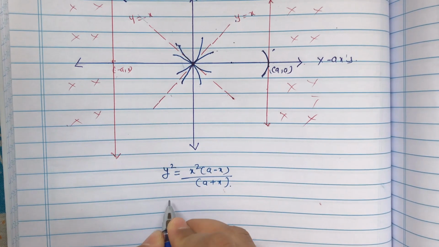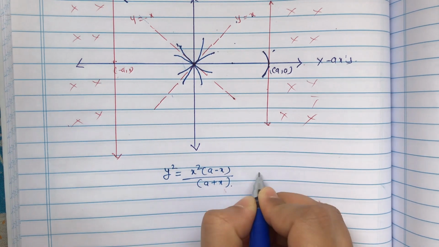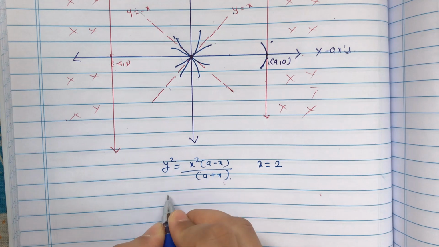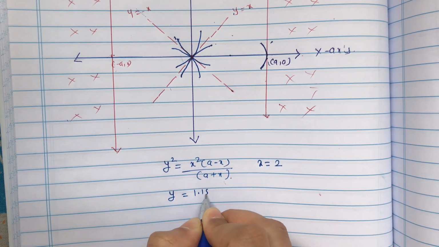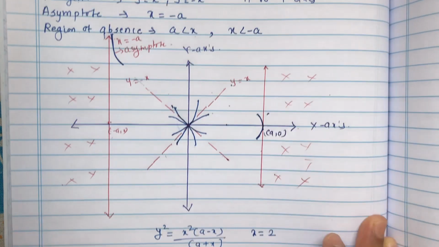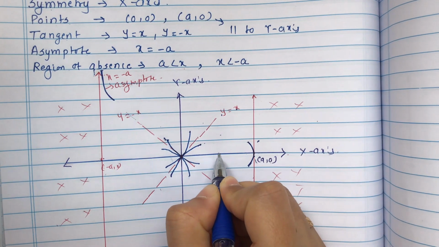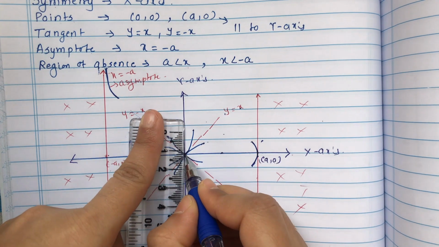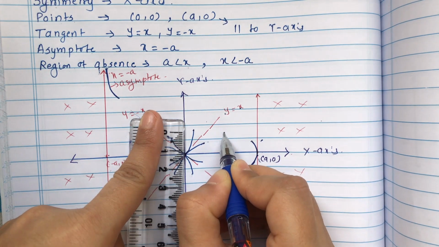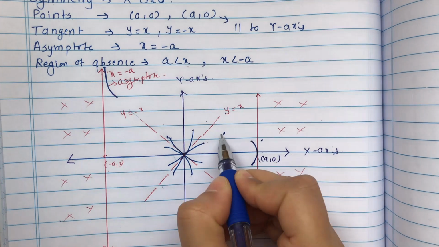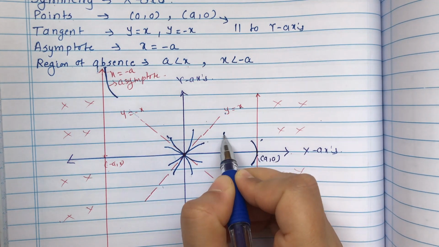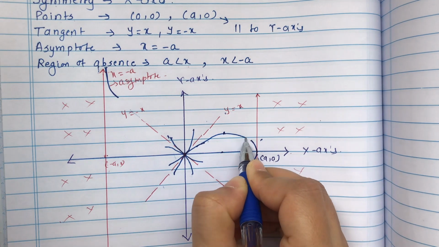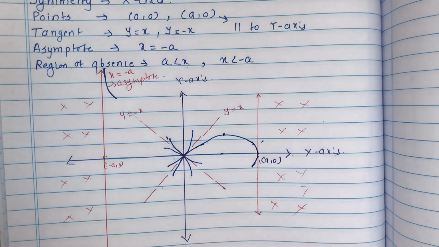After solving, we get y is equal to 1.15 something. So for this x, 1.15 means we will take this point here. You can see this is below the y is equal to x line, so we will go with this branch and then we will continue this.